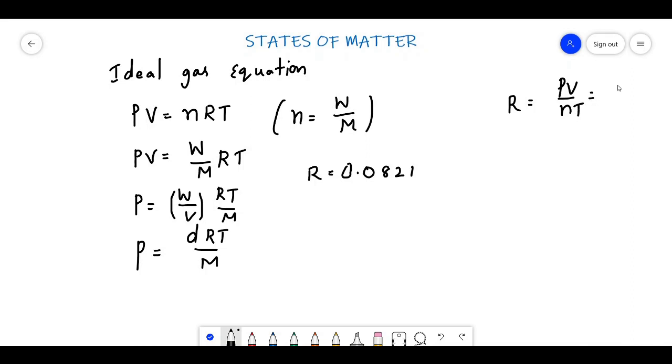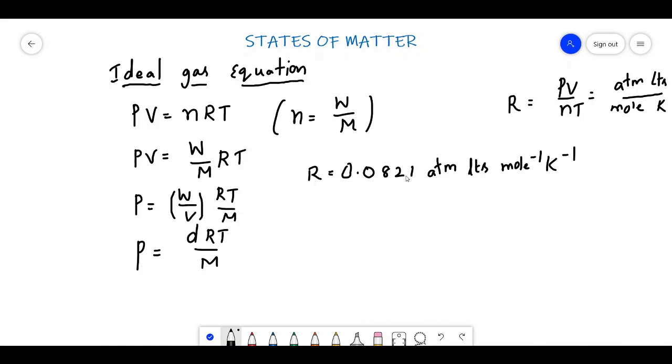Pressure you have to take in atmosphere, volume in liters, this is moles, and temperature in Kelvin. So R value is 0.0821 atmosphere liter mole inverse Kelvin inverse. These are the units.